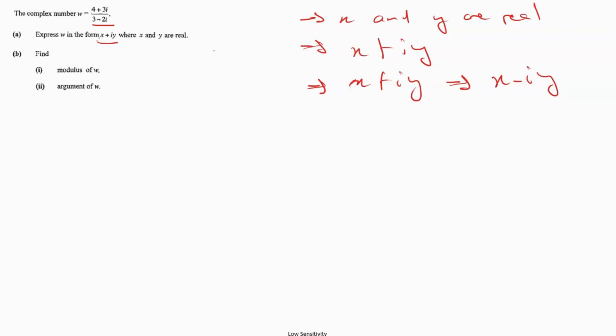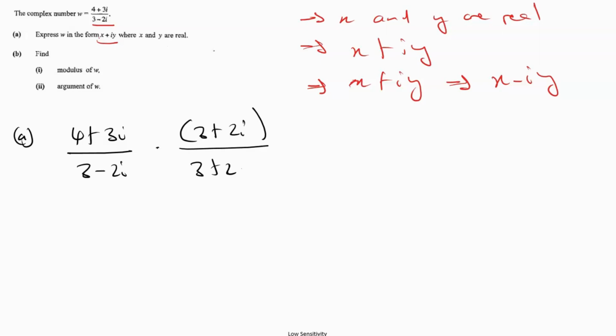Alright, so let's solve A. We have 4 plus 3i over 3 minus 2i. What we're going to do is multiply by 3 plus 2i over 3 plus 2i.